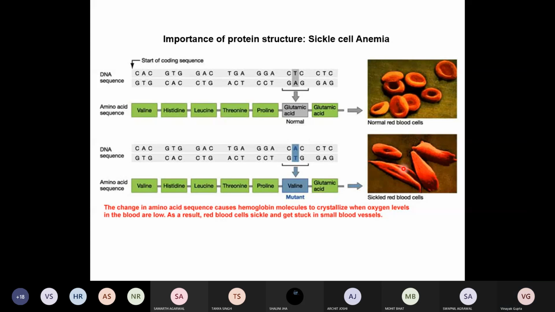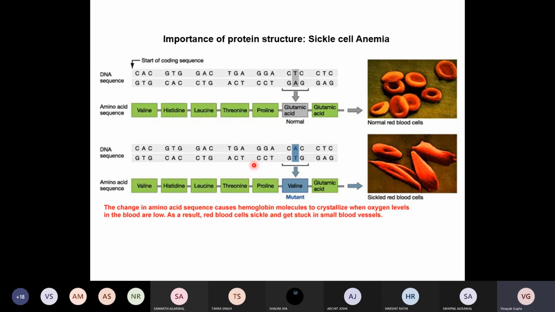Because the folding is changed, the structure of the protein is changed. Now the hemoglobin molecule cannot bind to oxygen, and that was the function of hemoglobin, to bind to oxygen molecules.